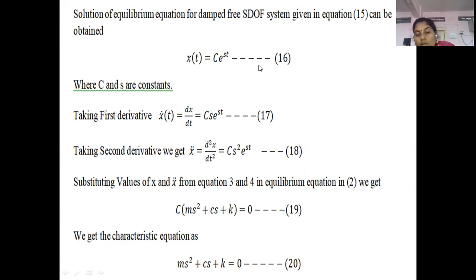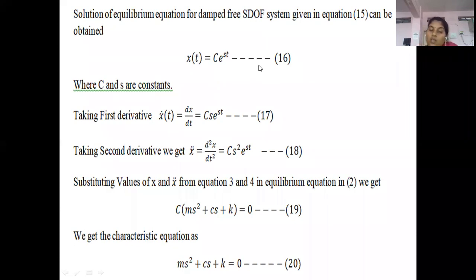From that we get the equation C into e raised to st into the bracket ms square plus Cs plus k equal to 0. As per the mathematical rule, if a into b is equal to 0 and a is not equal to 0, then b is equal to 0.